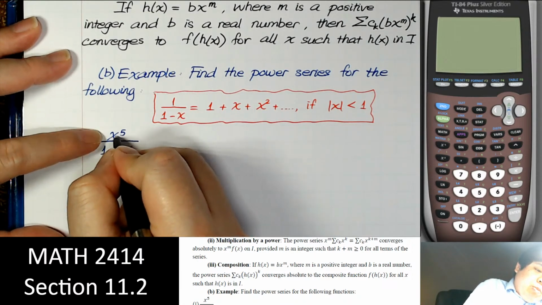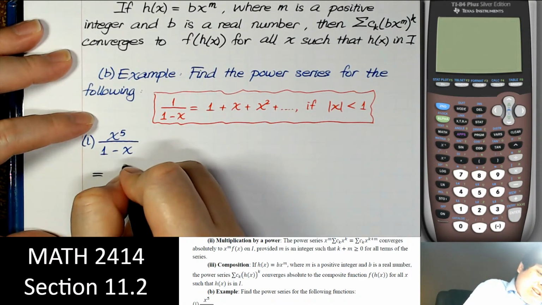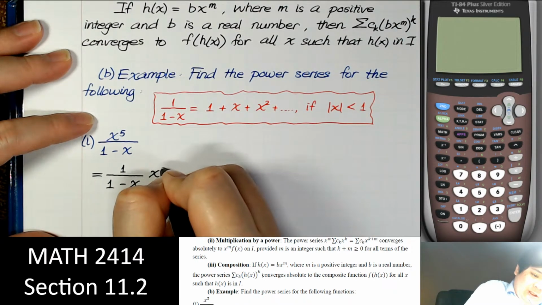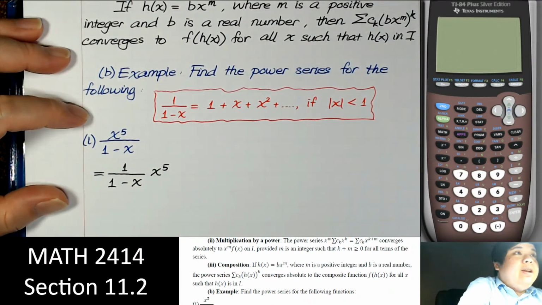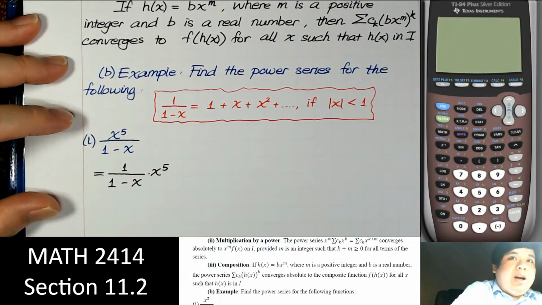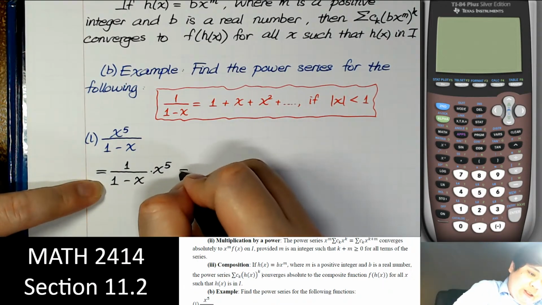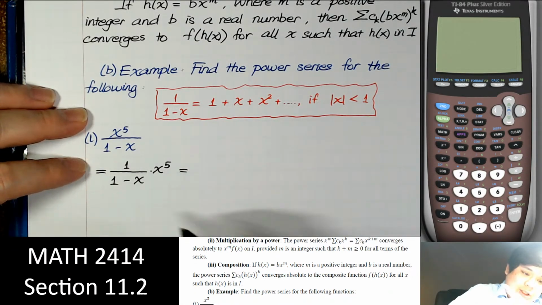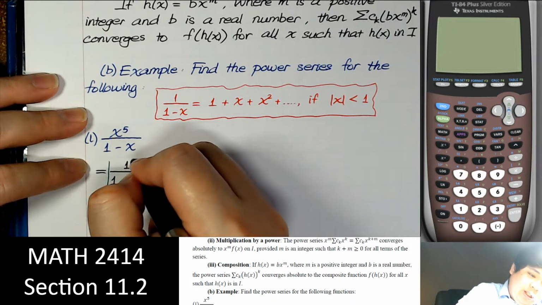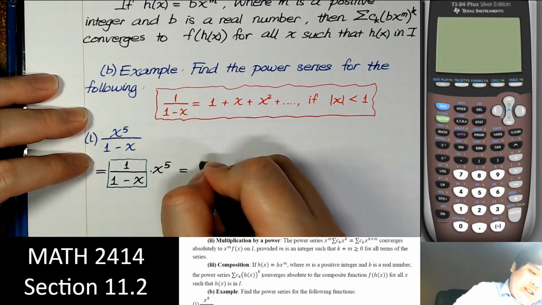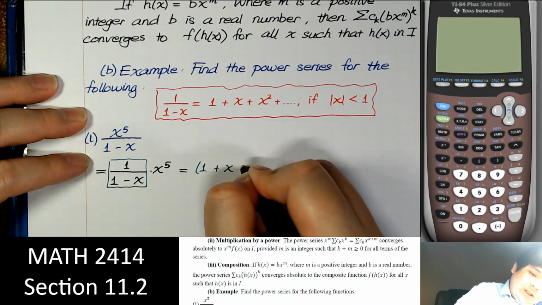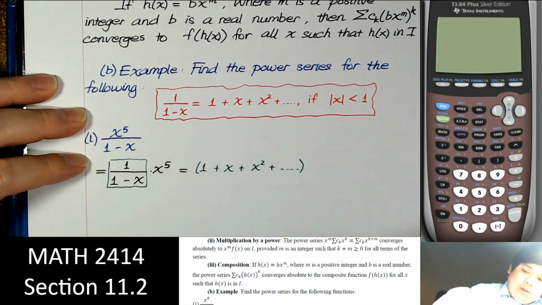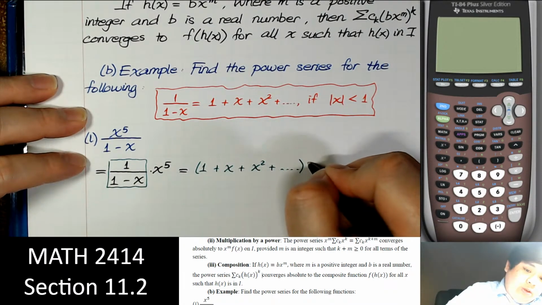All we can say is move the x to the 5th to the back, and now we write the series, and then we just multiply by x to the 5th.